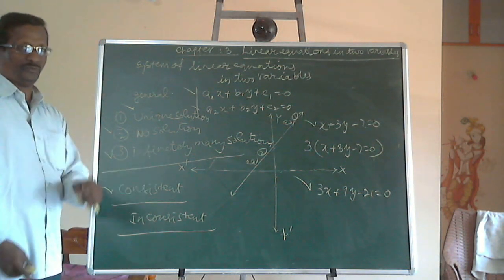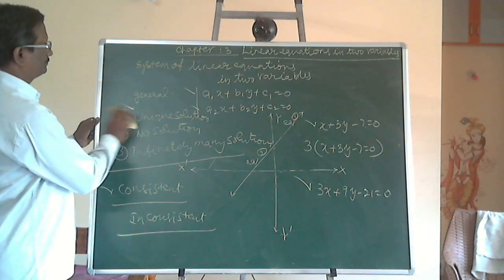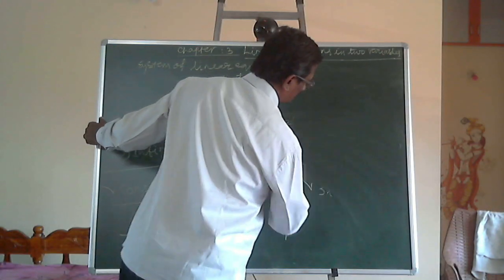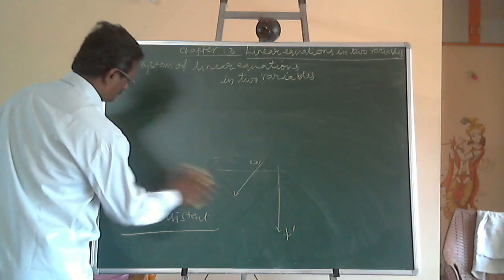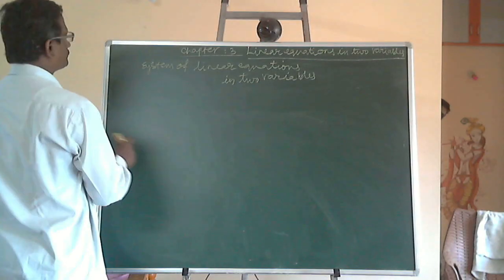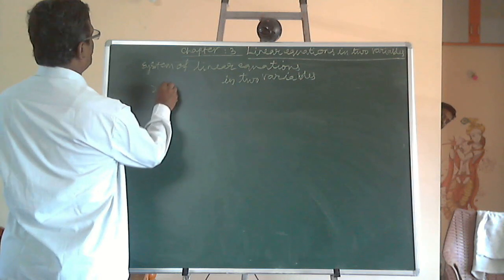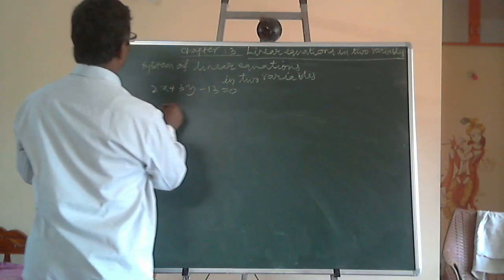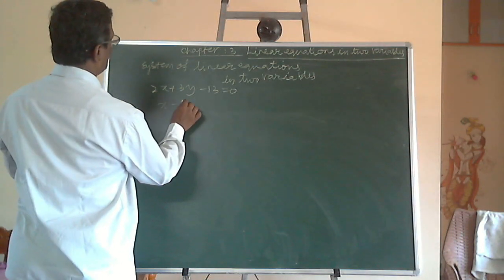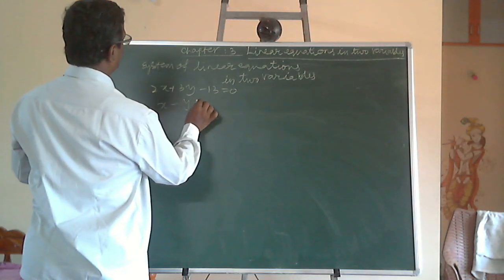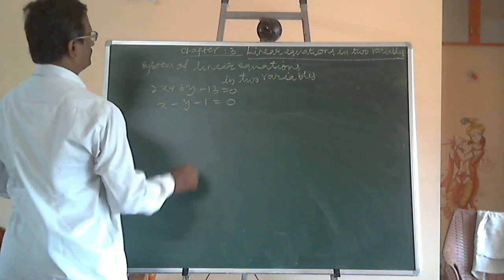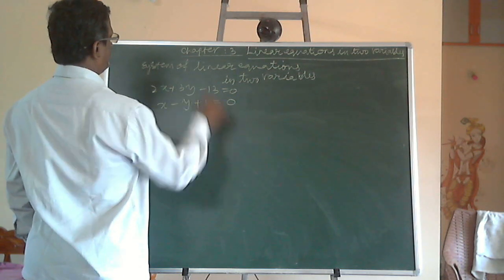Okay, let us do one question. 2x plus 3y minus 13 is equal to 0. x minus y minus 1 is equal to 0, plus 1.